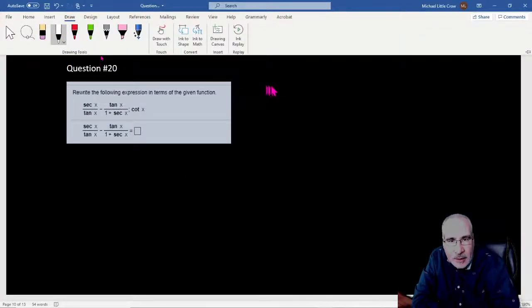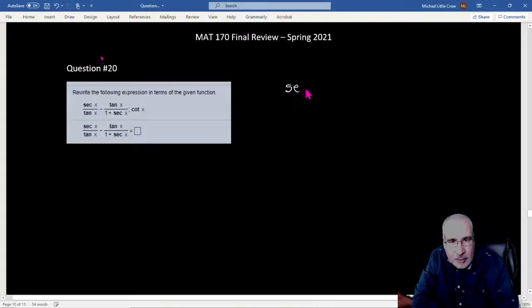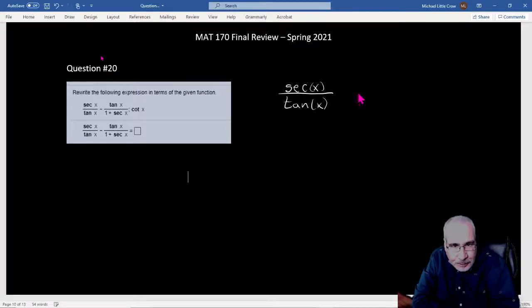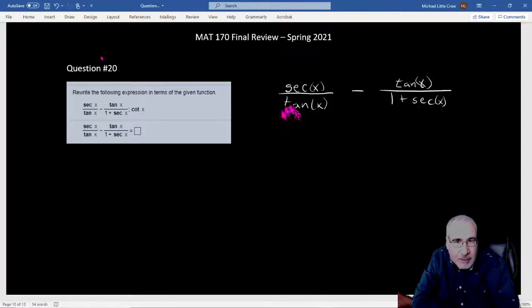Okay, so I'm just going to rewrite it: secant x, I like to put the parentheses here, tangent x, we'll give some room, minus tangent x over 1 plus secant x. And to get a common denominator, we need to multiply by each of the other denominators.